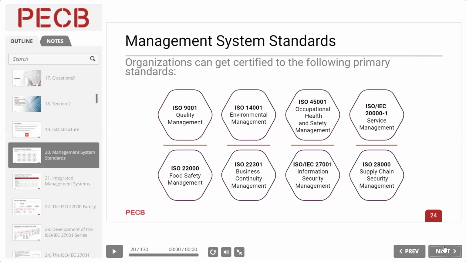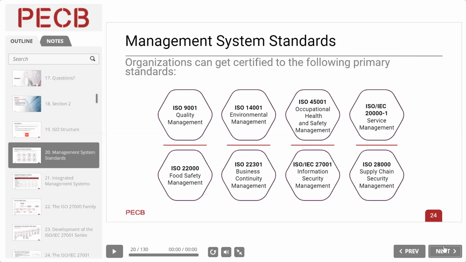Then 20000 is IT service management. 22000 food safety. 22301 business continuity management, another very important one which has come to the fore with this current crisis. Innovare also offers training in 22301.